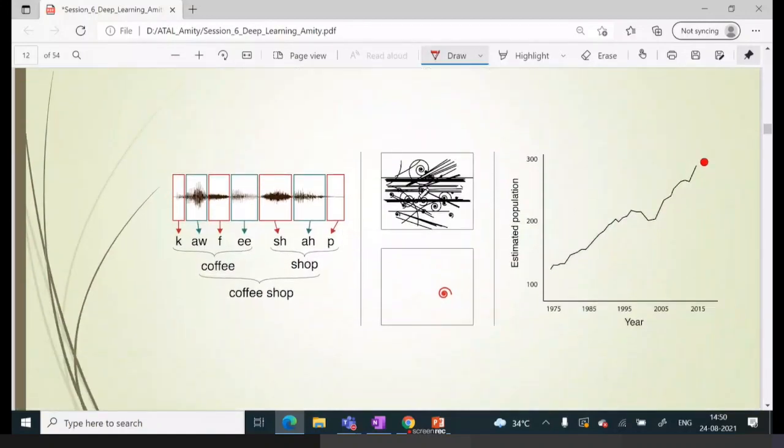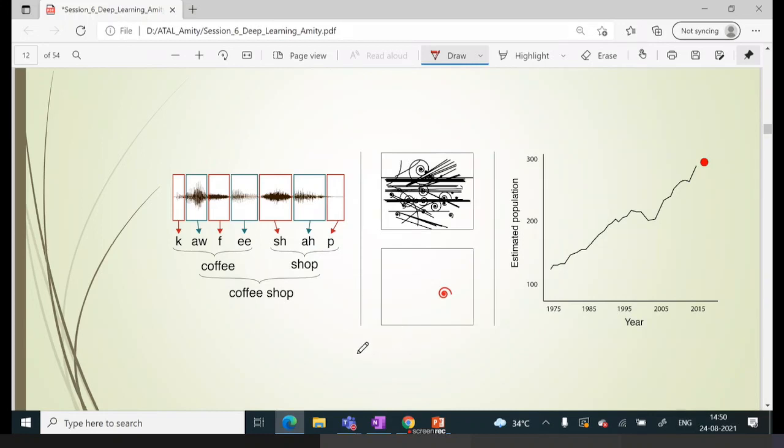There are some other applications also. For example, let's say this kind of data is available for some experimentation related to physics, and you are interested in finding out whether this specific pattern is present in this data or not. If we do it manually, it is very difficult, but deep learning does this very nicely.